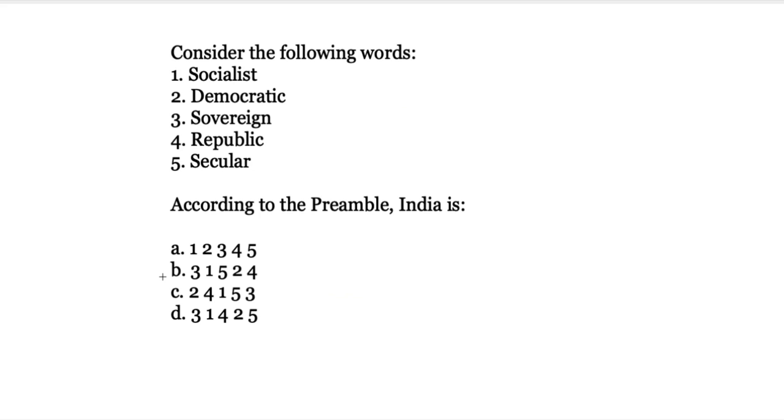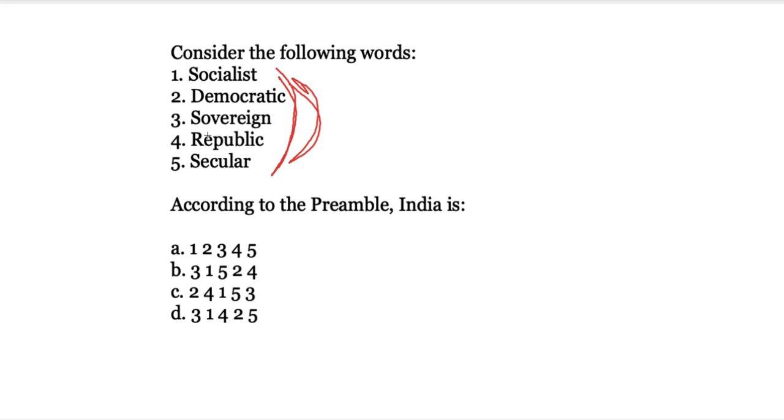Let's take this question. Some words are given, and you have to say the way they appear in the preamble. These words are very important. They say the nature of India.